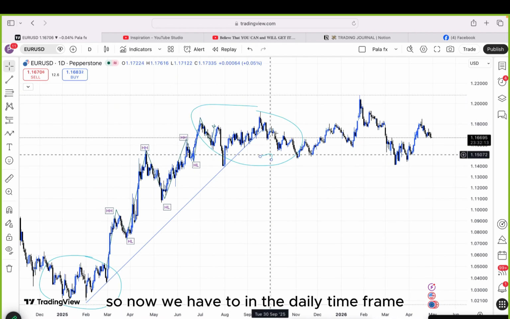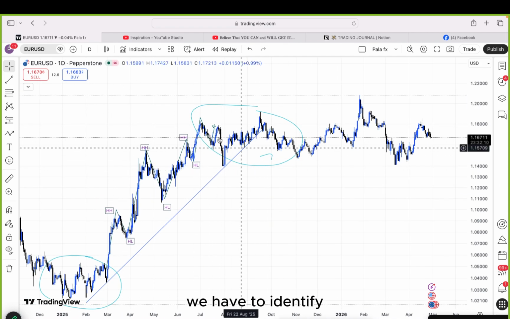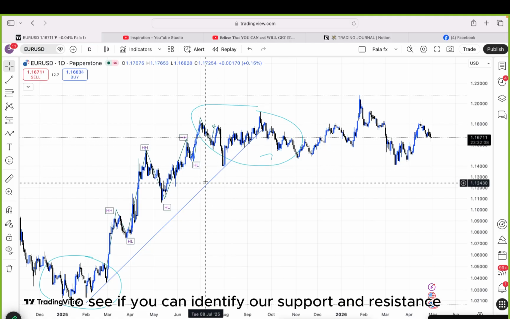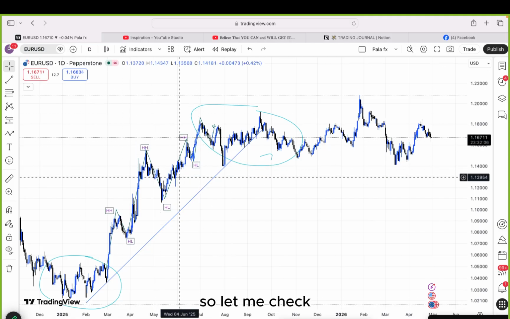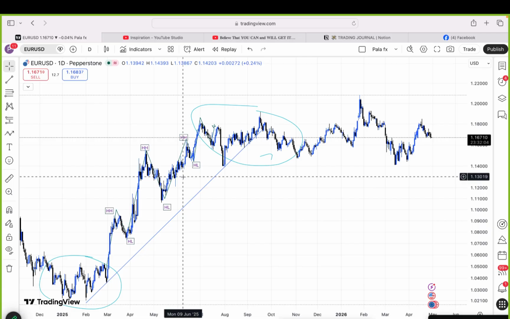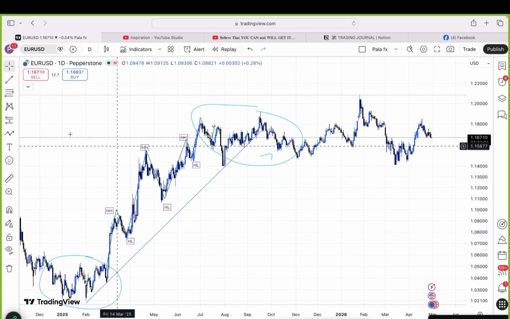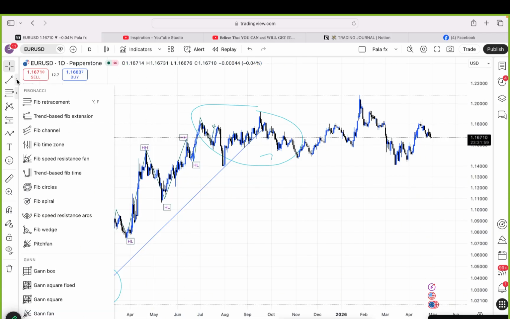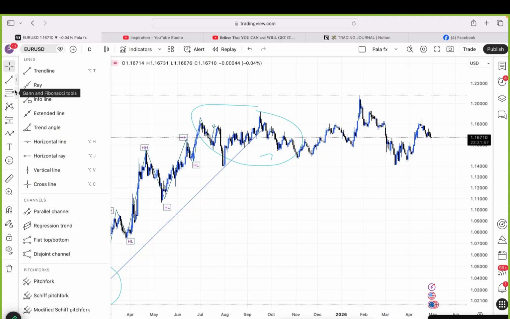So now, in the daily time frame, we have to see if we can identify our support and resistance. So let me check.